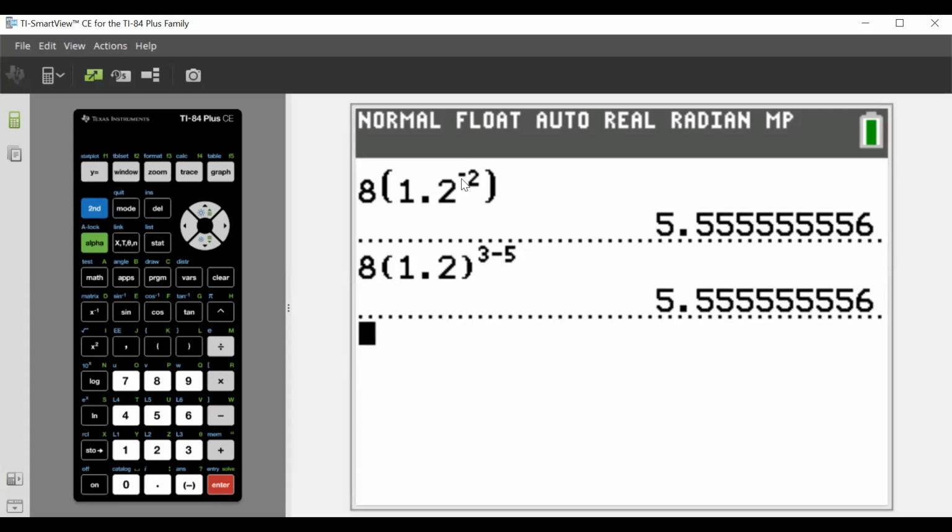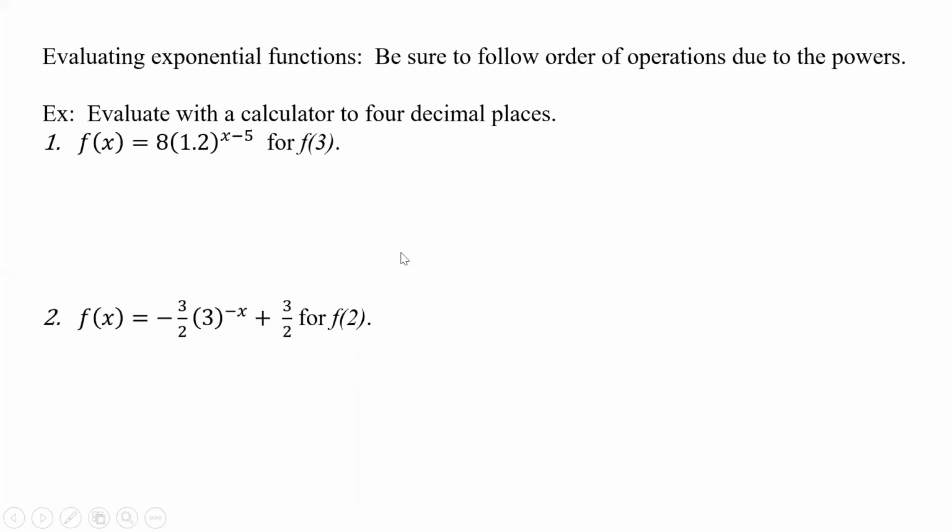So here we just plugged it into the calculator verbatim, and we got the value. So this one gave us f of 3 equals 5.55, and we want it to 4 decimal places, so 5.5556. That's what that would be.